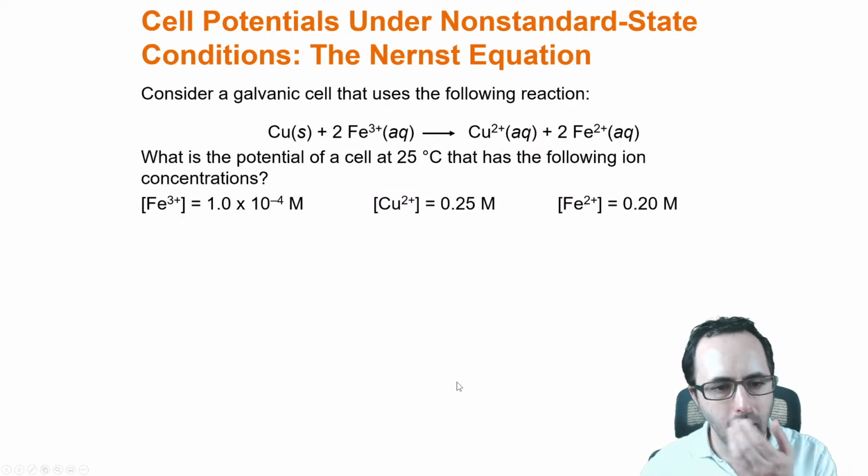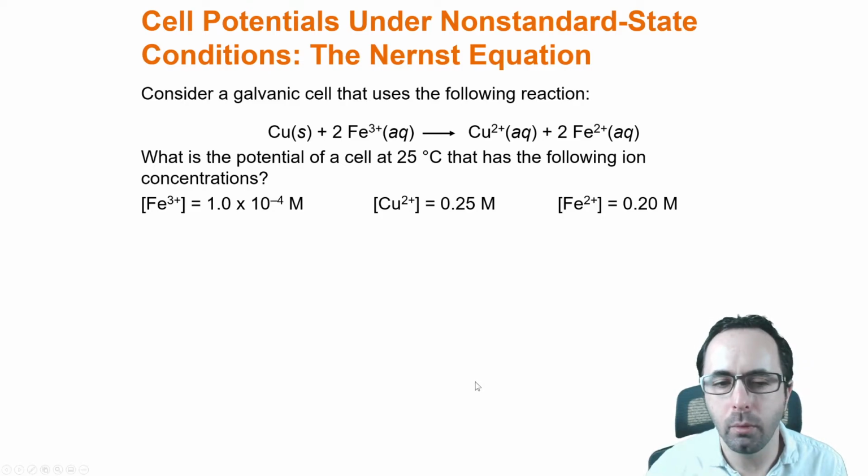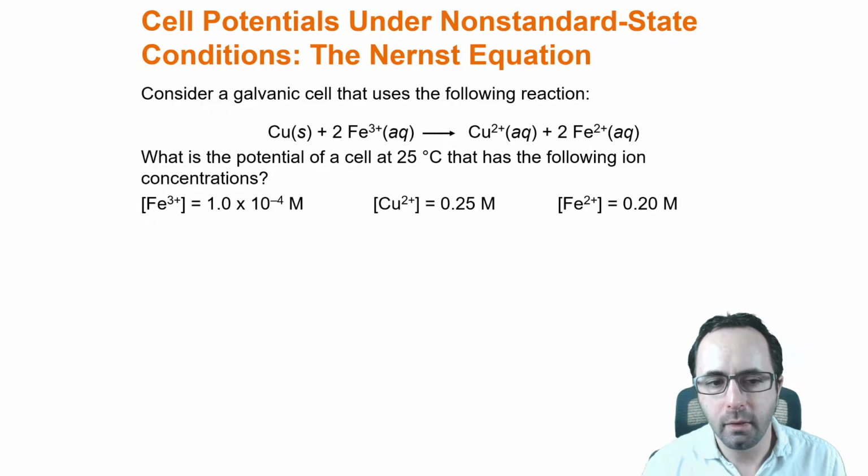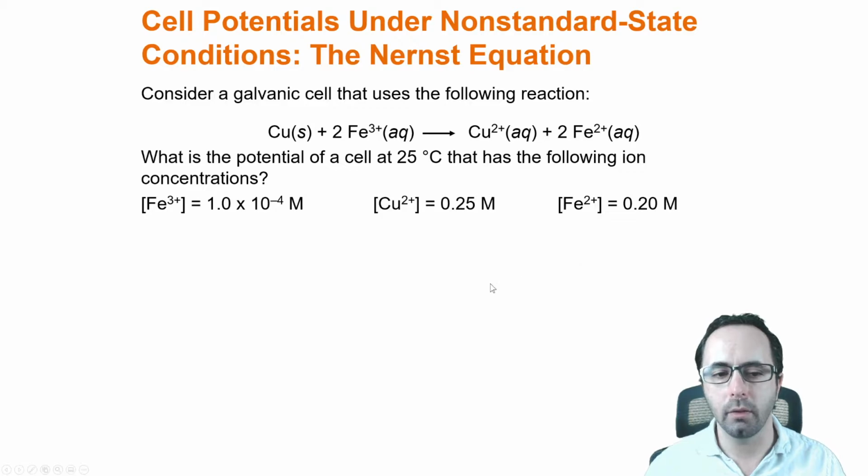So this is the kind of question we would use the Nernst equation to solve. So consider a galvanic cell that uses the following reaction. We got copper being oxidized to copper 2+ ions here, and we got iron 3+ ions being reduced to iron 2+. What is the potential of a cell at 25 degrees Celsius that has the following concentrations?